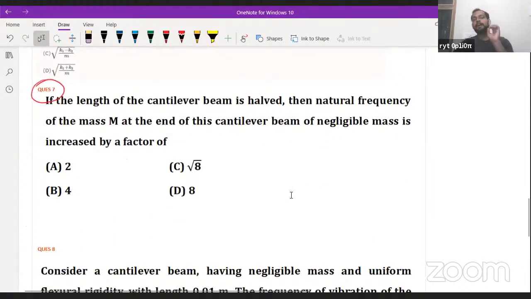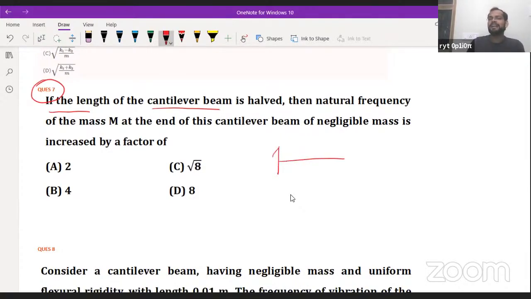Fine. So first I am explaining here. He is saying there is one cantilever beam of length L. In the second case, he is reducing its length by half, so the cantilever beam has a length of L by 2. Then consider the natural frequency of the mass at the end of this cantilever.